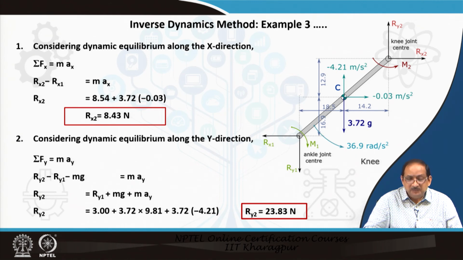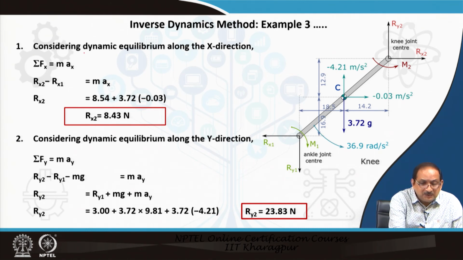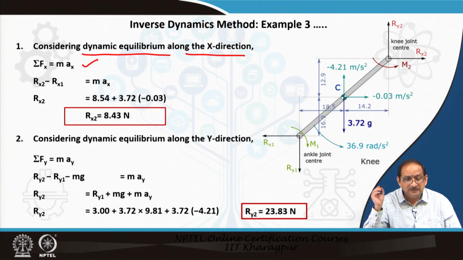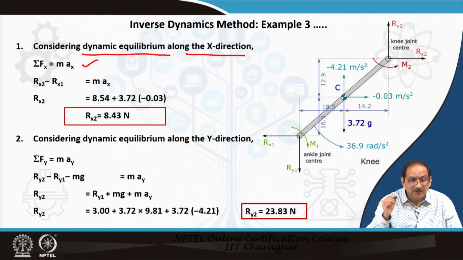Similar to example 2, we are considering the dynamic equilibrium along the x axis and we write down the equation of motion: summation of Fx equal to m into Ax, the linear acceleration Ax.